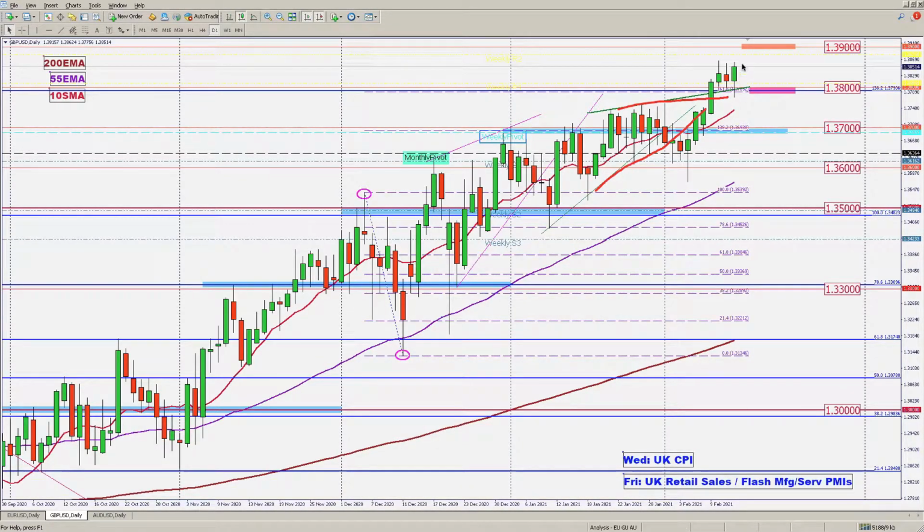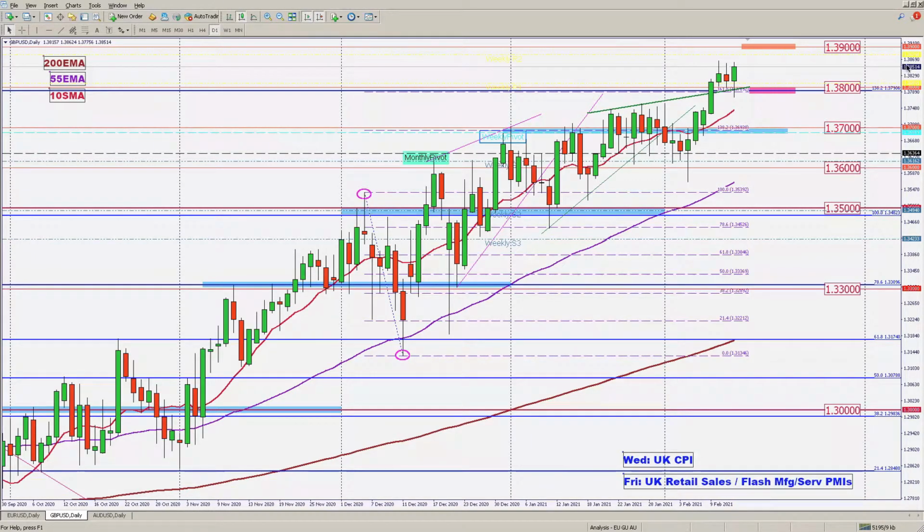So we'll see if there's going to be a continuation to test 139. Otherwise, it's going to be consolidating in this range, and it seems to be still holding pretty strong. There's also UK CPI coming up next week, and then the retail sales figures, plus the flash PMIs.